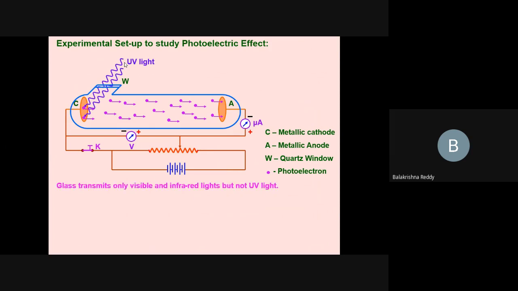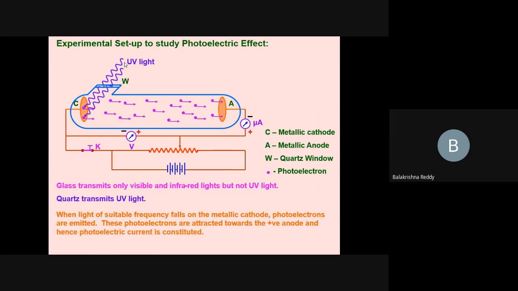Since it is a glass, it transmits visible and infrared lights, but not UV light. So glass transmits only visible and infrared lights, but not UV light here. But since I am using the quartz window, it allows the UV light. When light of suitable frequency falls on the metallic cathode, photoelectrons are emitted.